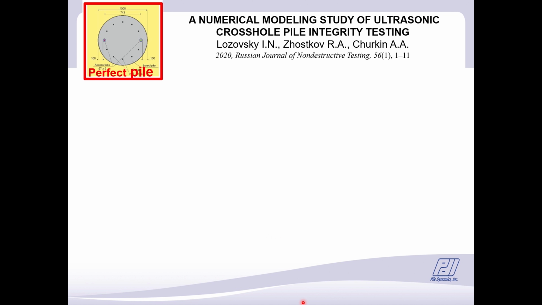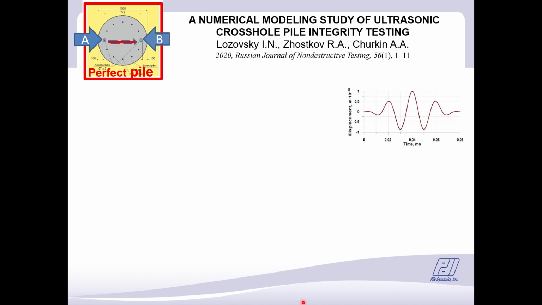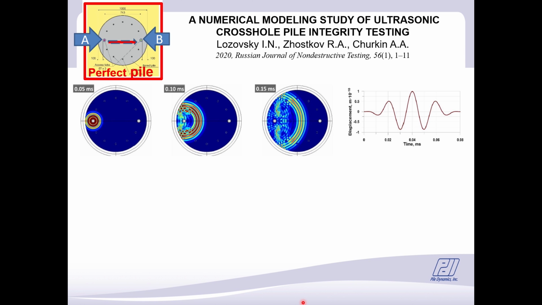There's a very nice recently published study in Russia which shows a numerical simulation of the crosshole sonic logging event. Let's imagine we have a perfect pile with just two access tubes. And if we generate a signal on the A location in the shaft and propagate it across the pile to the B location, we can see the spreading of the wave with time.